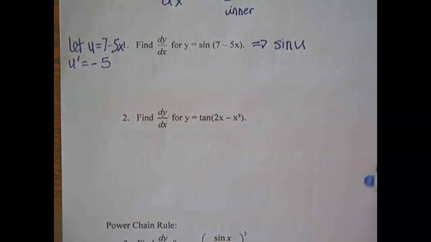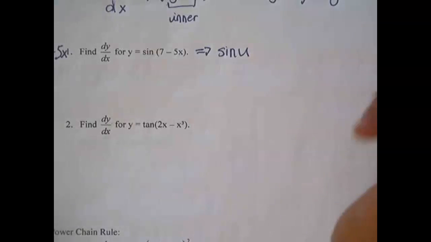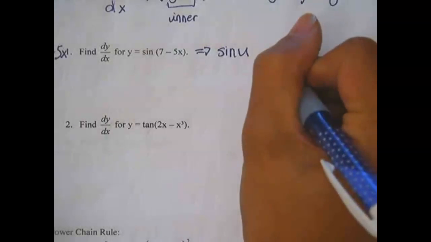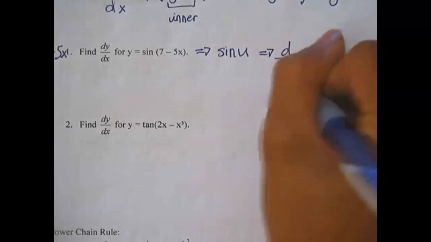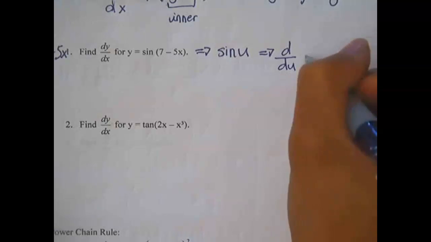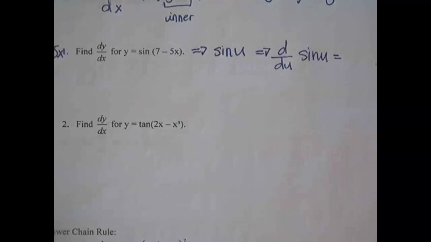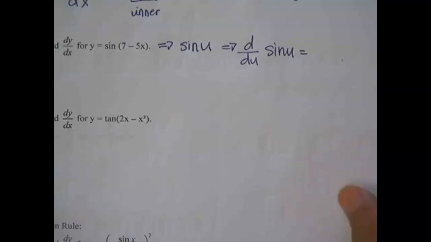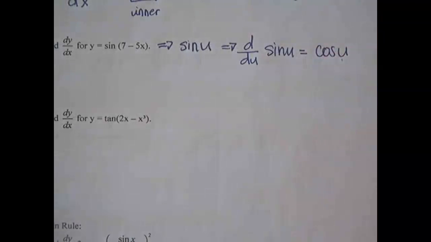Well, the derivative of sine u is going to be, so what we're going to do, how about if I spell it out for you? Okay, d du of sine u is, so the derivative of sine u is cosine u, okay?